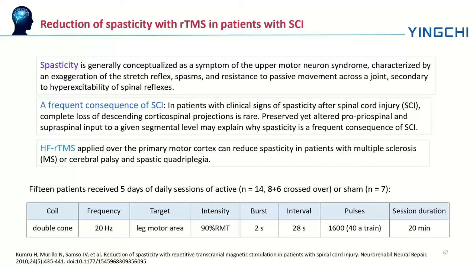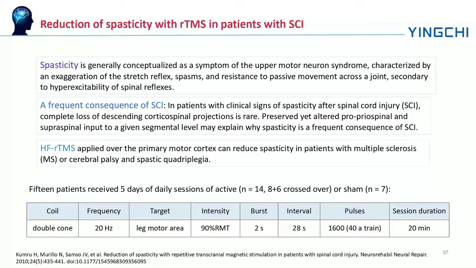For patients suffering from spinal cord injury, spasticity is a frequent consequence. Many studies have found that applying high-frequency rTMS onto the primary motor cortex can reduce spasticity in patients with multiple sclerosis or cerebral palsy and spastic quadriplegia.